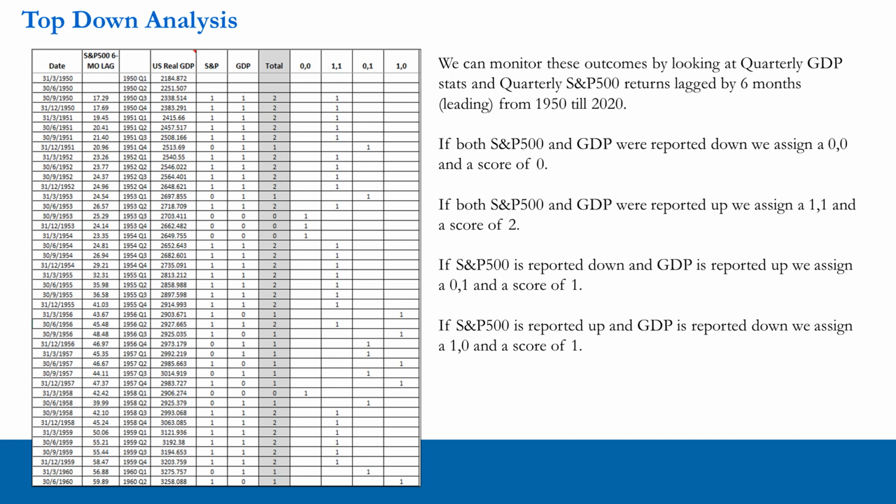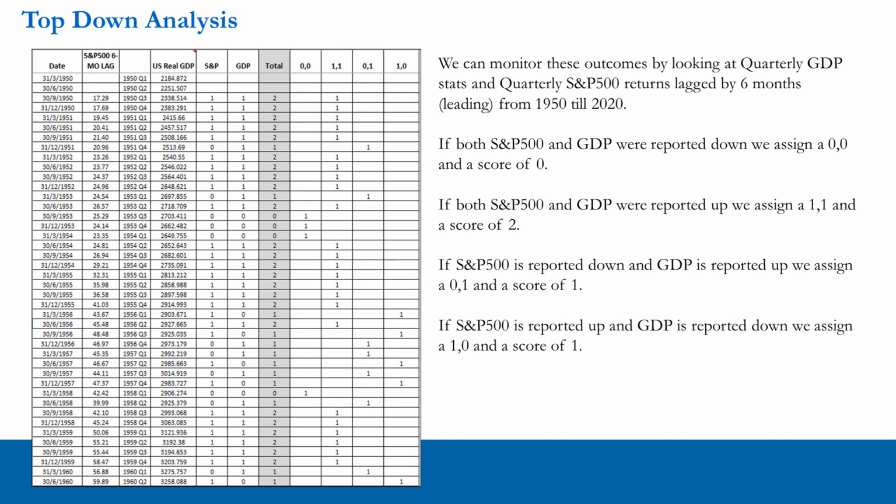So for the S&P in that row, we put a number 1 in the cell because the S&P went up during that period. For the GDP number, we know GDP went down, so we put a 0 in that cell. So what's the total here? It's a total of 1. And what is the scenario? Well, it's a 1-0.